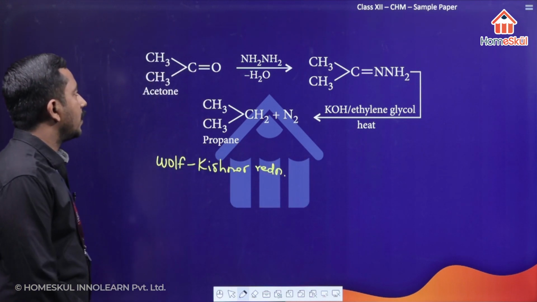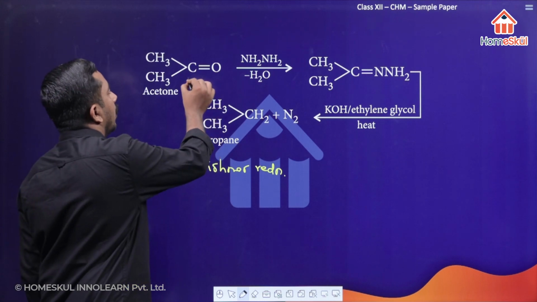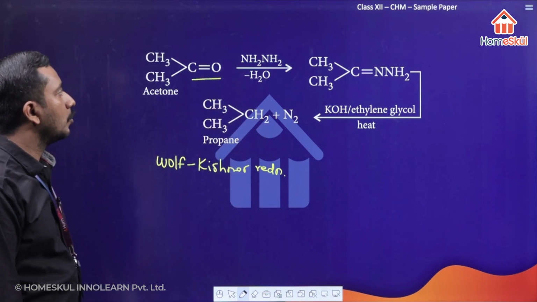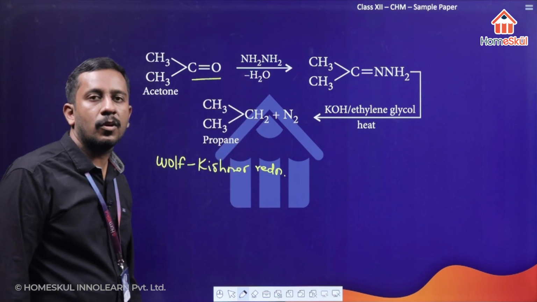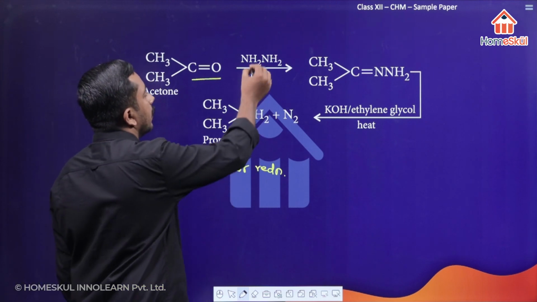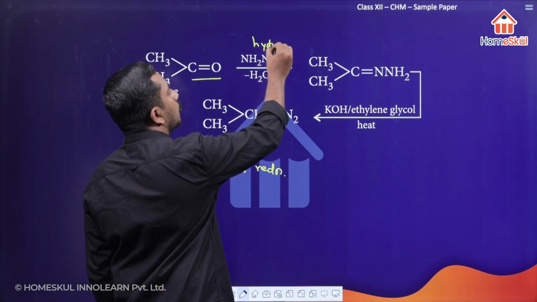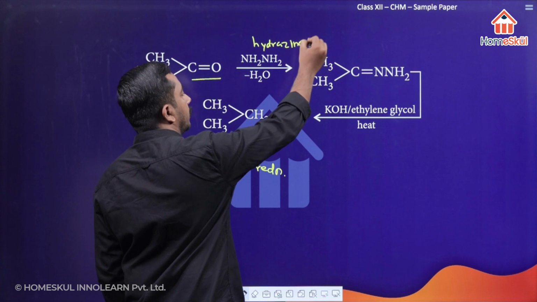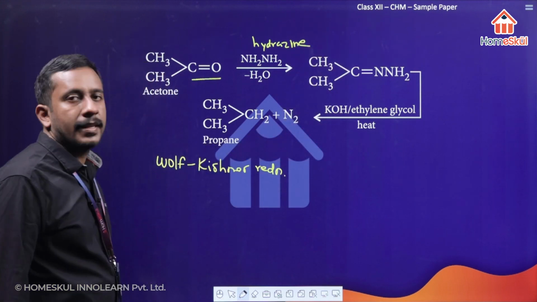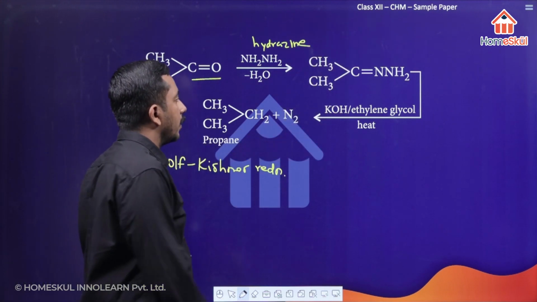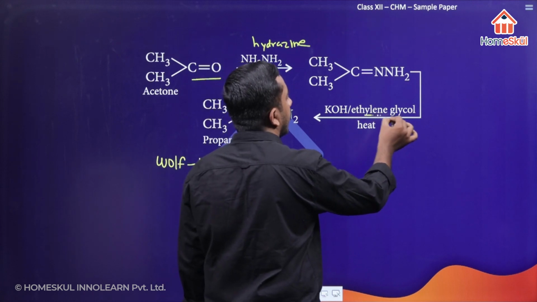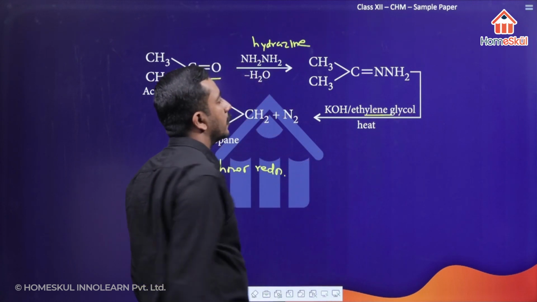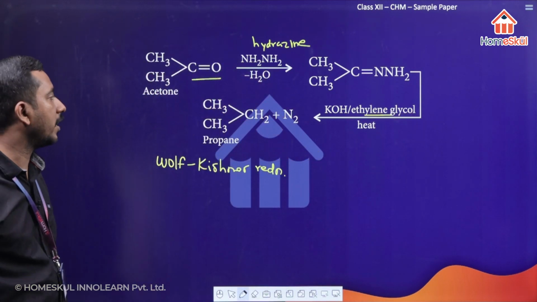So we start with the acetone. We have a carbonyl group that is present. The first step is to react the carbonyl compound that we have taken with hydrazine, NH2NH2. And then the second step is the reaction with potassium hydroxide in ethylene glycol. The boiling point of the solvent is very high and then we have to heat it.